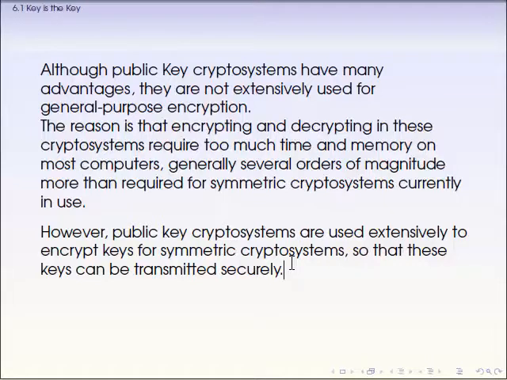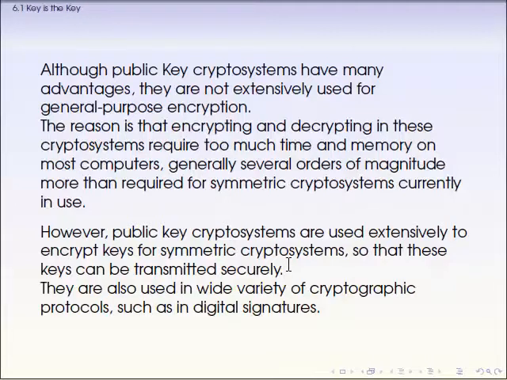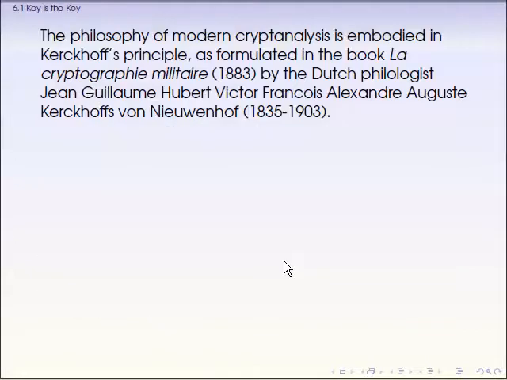So the public key system is not really a cipher system, but a communication style for sending back and forth the encryption or decryption keys for other ciphers. So we can keep these keys secret for the other systems, right? That's the whole purpose of these public key systems.